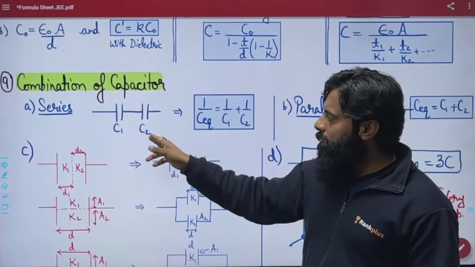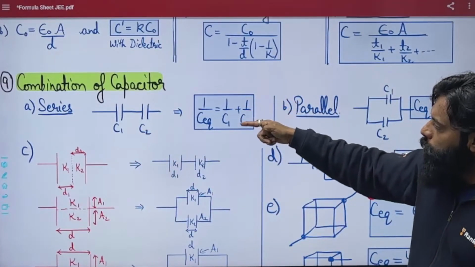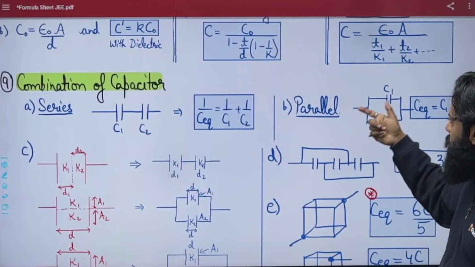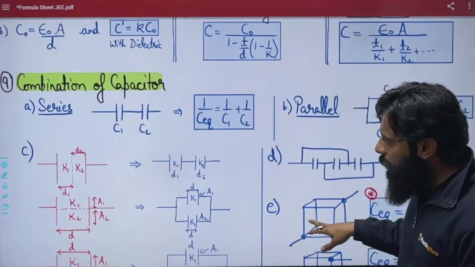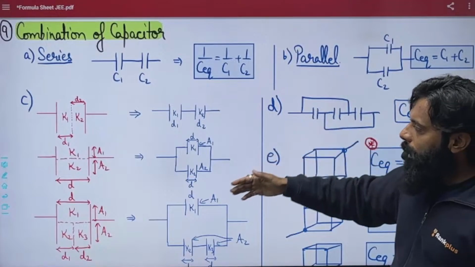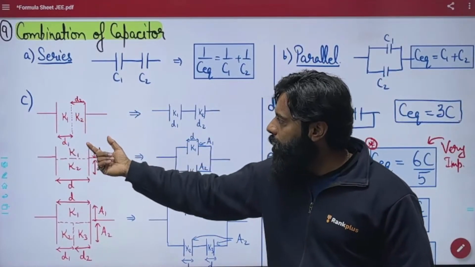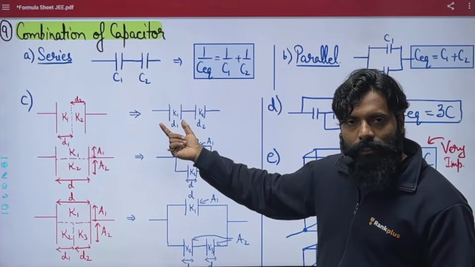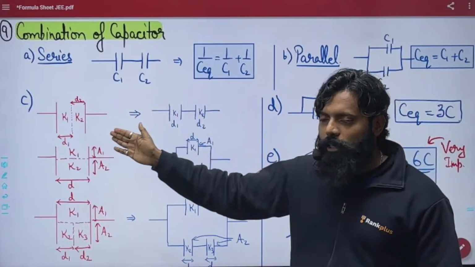So if C1 and C2 are connected in series, 1 upon C equivalent is equal to 1 upon C1 plus 1 upon C2. If they are connected in parallel, you just add them up. Similarly, if there are dielectrics like K1 and K2 separated by distances D1 and D2, you can divide this diagram into this diagram. This is the picture and pixel concept.